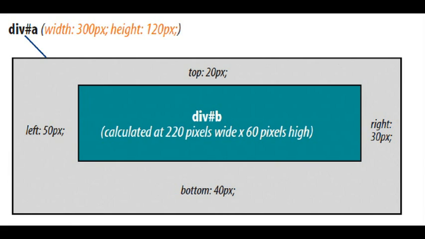And if I had also specified a width and other box properties for div B here in this figure, there is potential for conflicts if the total of the values for the position box and its offsets do not match the available space within the containing block.